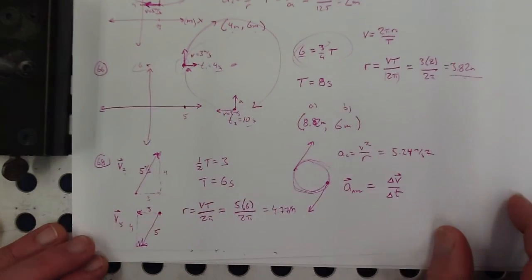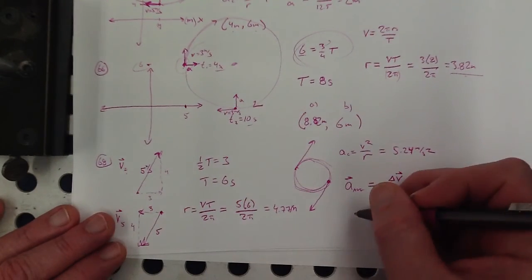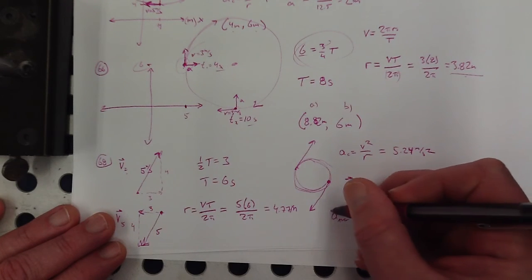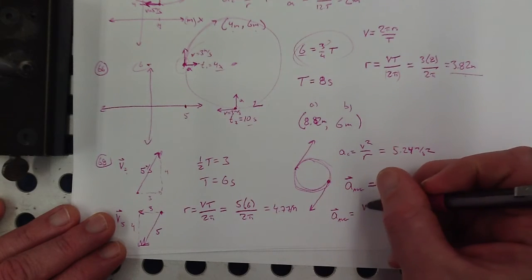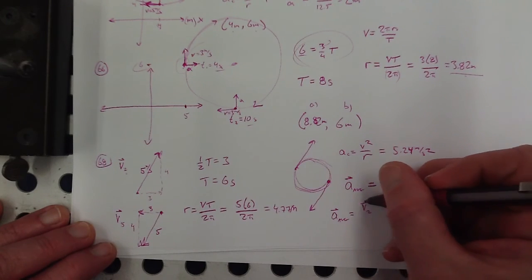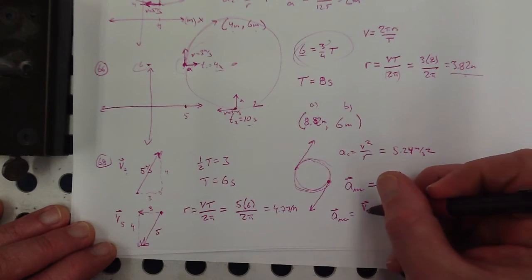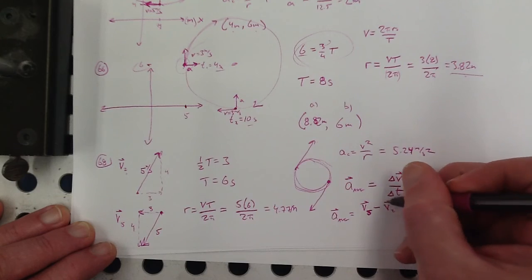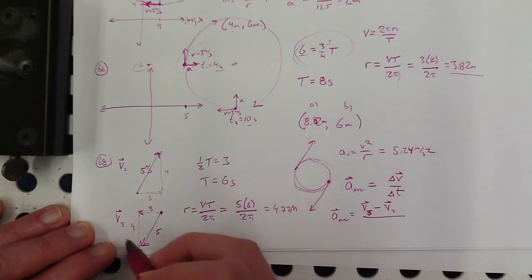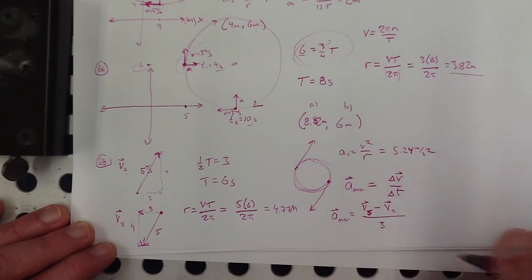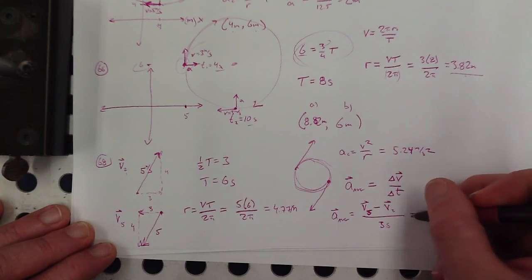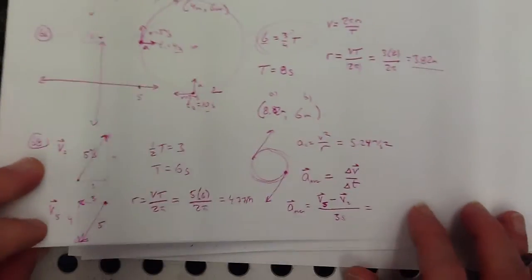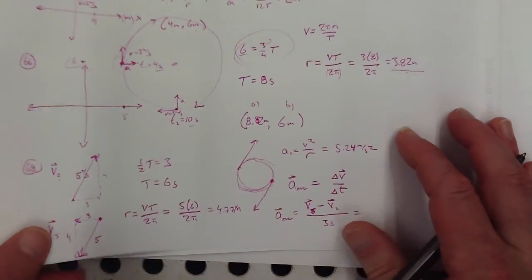So here, average acceleration is the velocity at 5, that's like my final, minus initial, over 3 seconds. And you have to do this by components. You have to say, oh, it's 5 minus 5, that's 0. No, not true. You have to do it by component.